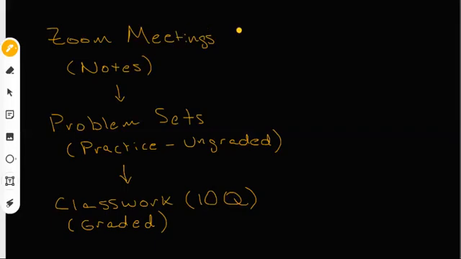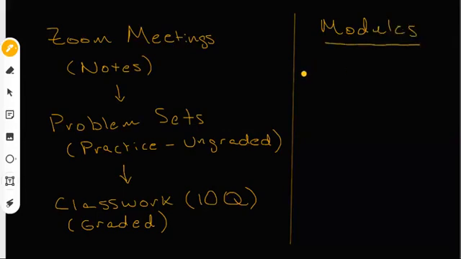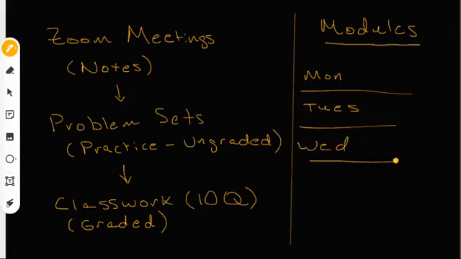Now, for my modules, let me divide the screen real quick. For the modules, what I'll do is I'll do them weekly, and I'll have something for you to do on Monday. I'll have something for you to do on Tuesday and Wednesday and Thursday and Friday.